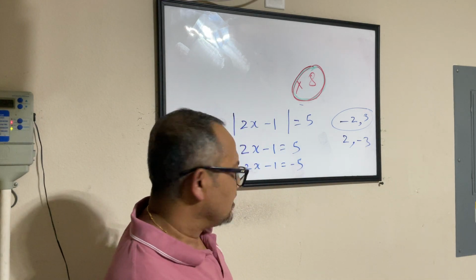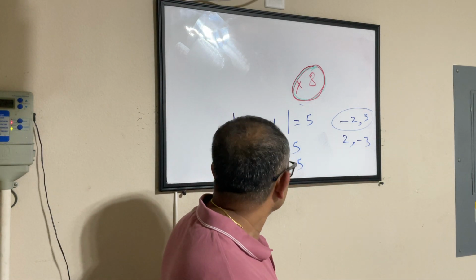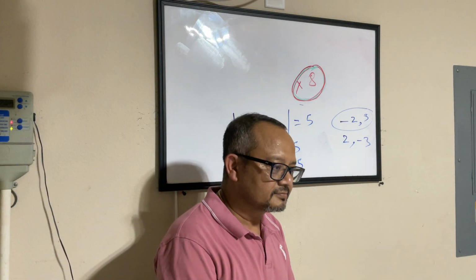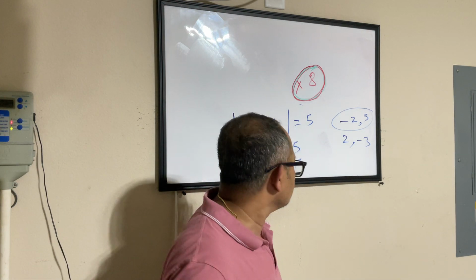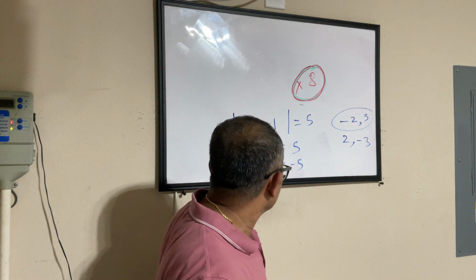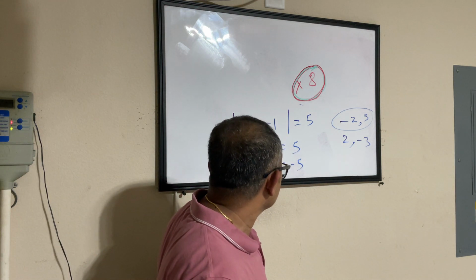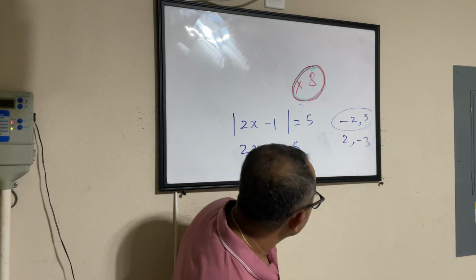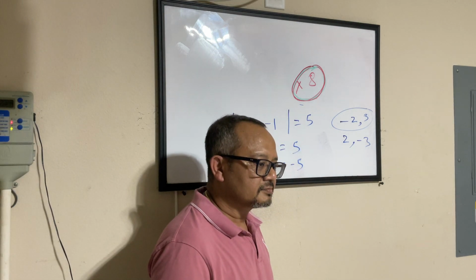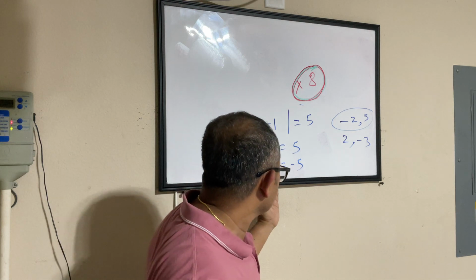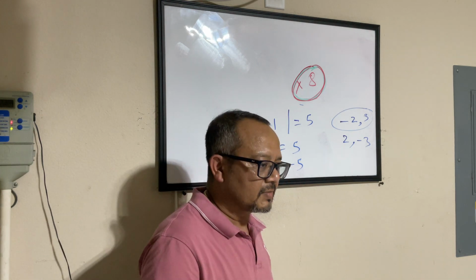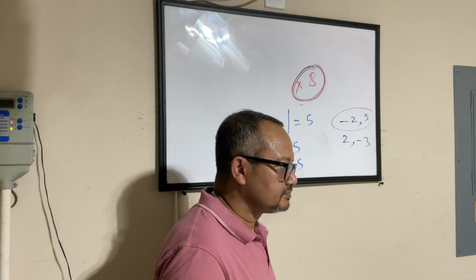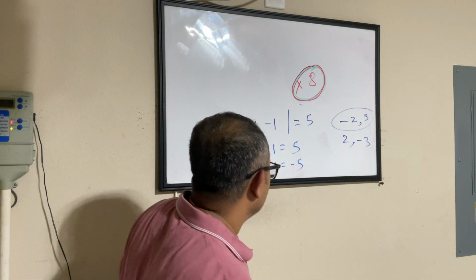For the first one, I added 1 to get 2x by itself, so I got 2x equals 6. Then I divided by 2 and got x equals 3 in the first case. And for the second one, it was 2x minus 1 equals -5. I added 1 to make it -4. And then I divided by 2 on both sides to get -2.